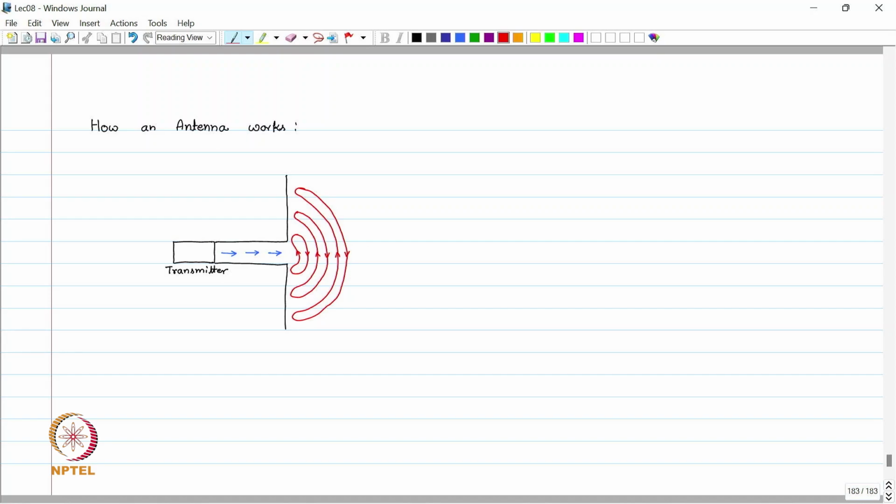So this is how the electromagnetic field, or the RF wave, is generated.